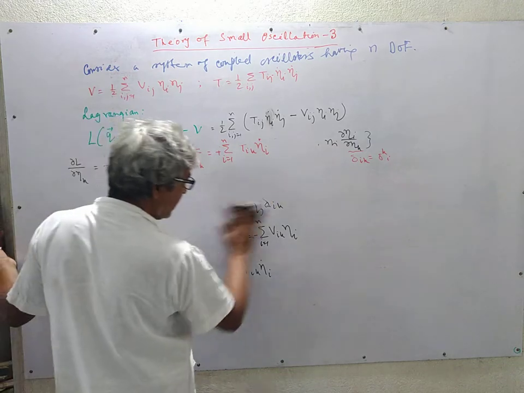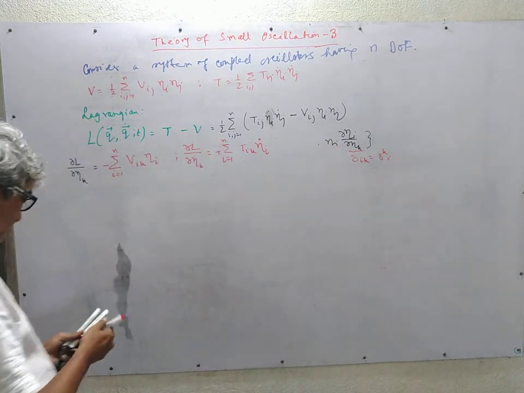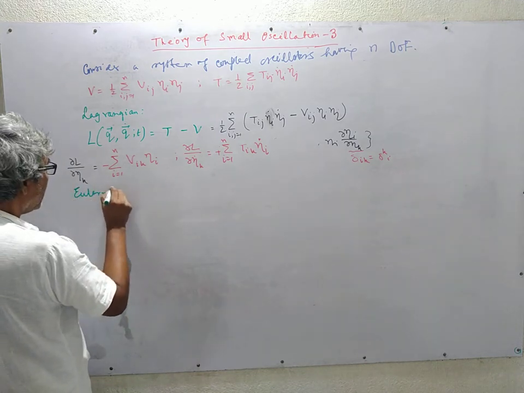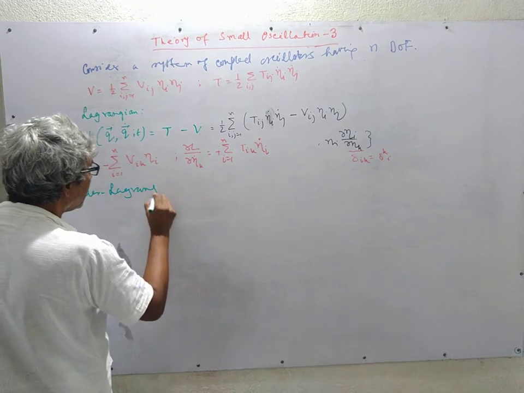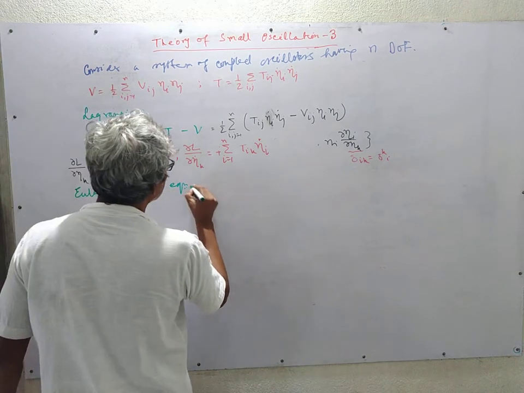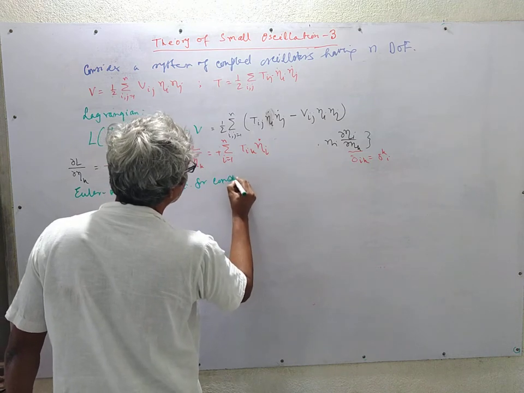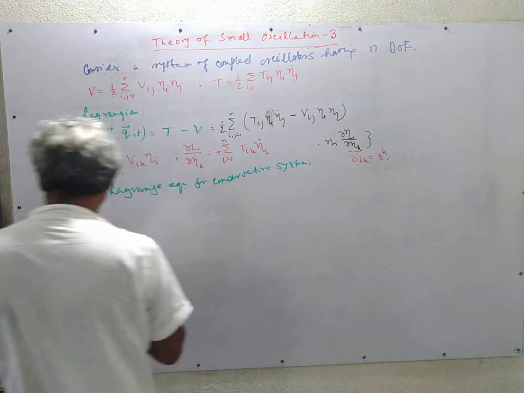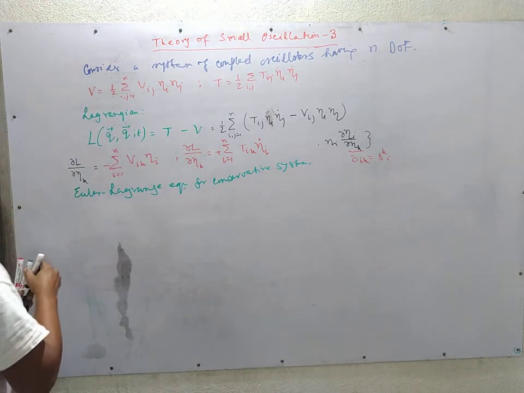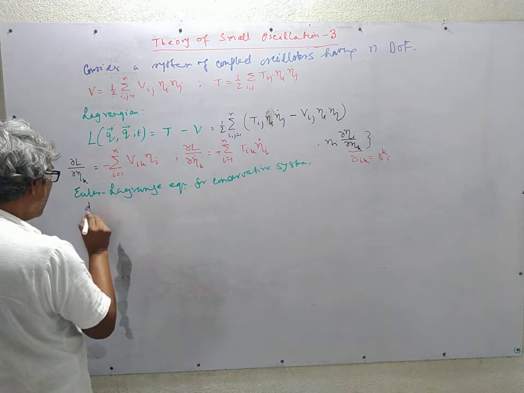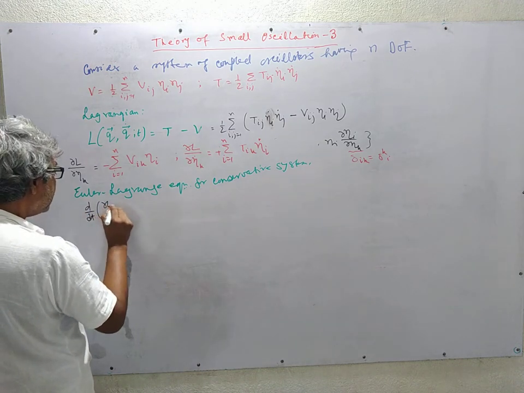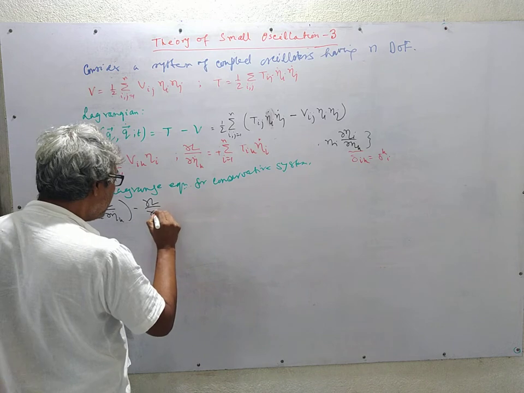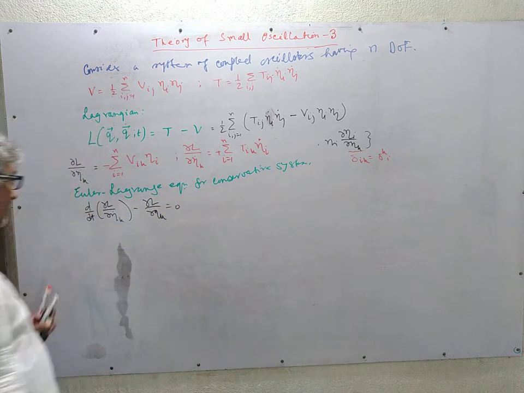So coming to the Euler-Lagrange equation for a conservative system. The Lagrange equation for a conservative system is d/dt of ∂L/∂q_k dot minus ∂L/∂q_k is equal to 0.